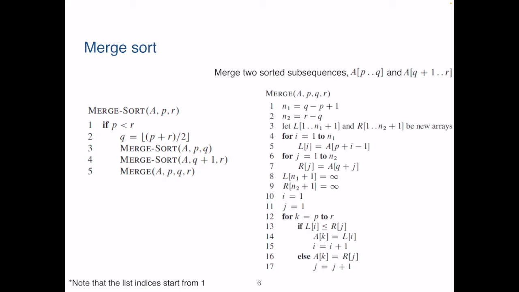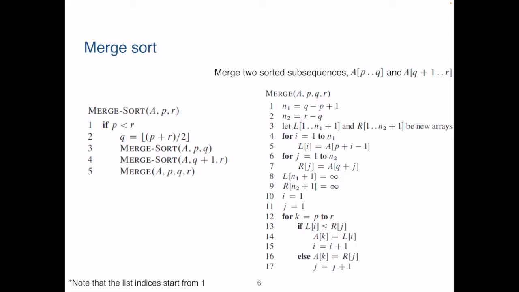Based on the idea we discussed before, we can write this merge function that combines 2 sorted sublists into one. First we get the lengths n1 and n2 of those 2 sublists. We create 2 new lists or arrays, L and R, and copy all the items of the 2 sublists into them.